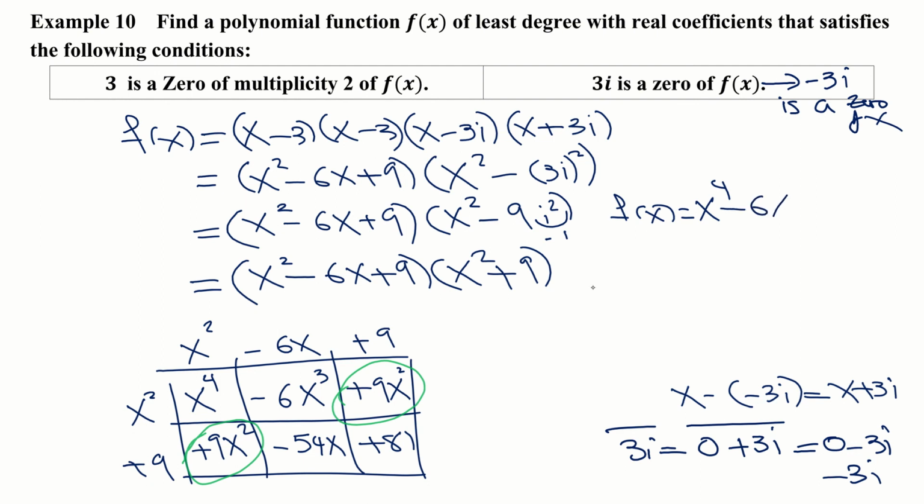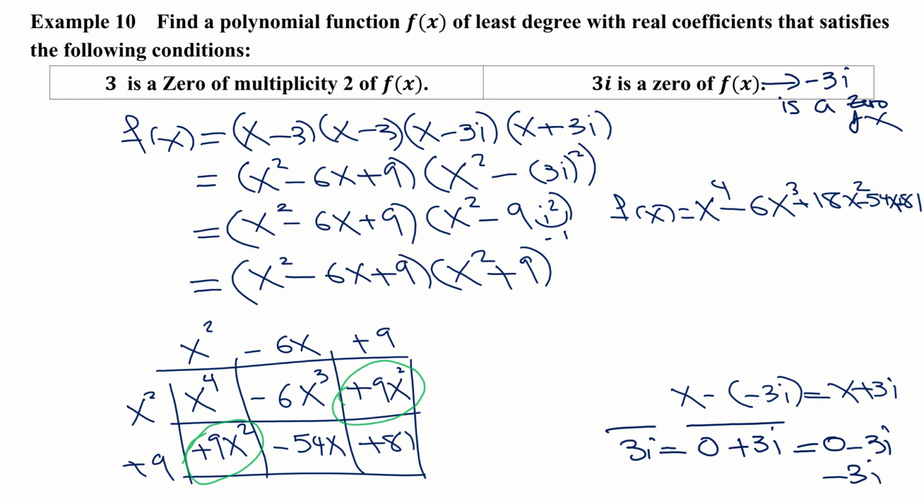We'll put it in descending order, minus 6x cubed. Now the two 9x squareds are going to give me 18x squared minus 54x, and then finally plus 81. Okay? So there's the final answer there for that function.